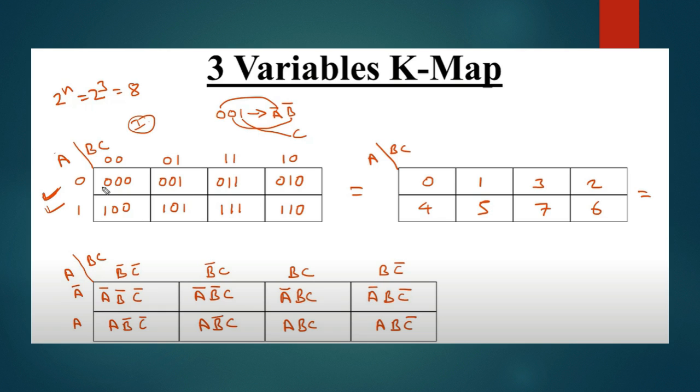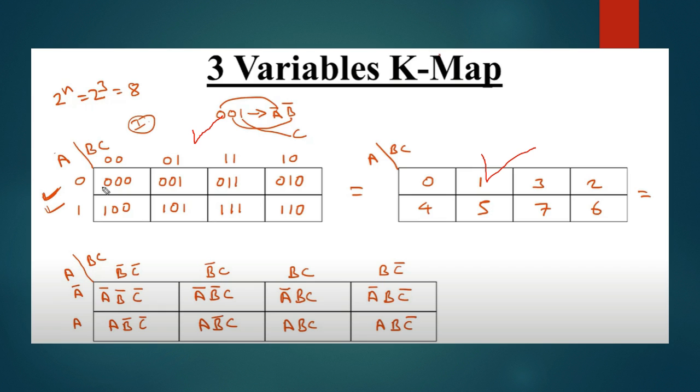As you can see, all these 3 tables are representations of 3 variable Karnaugh map.